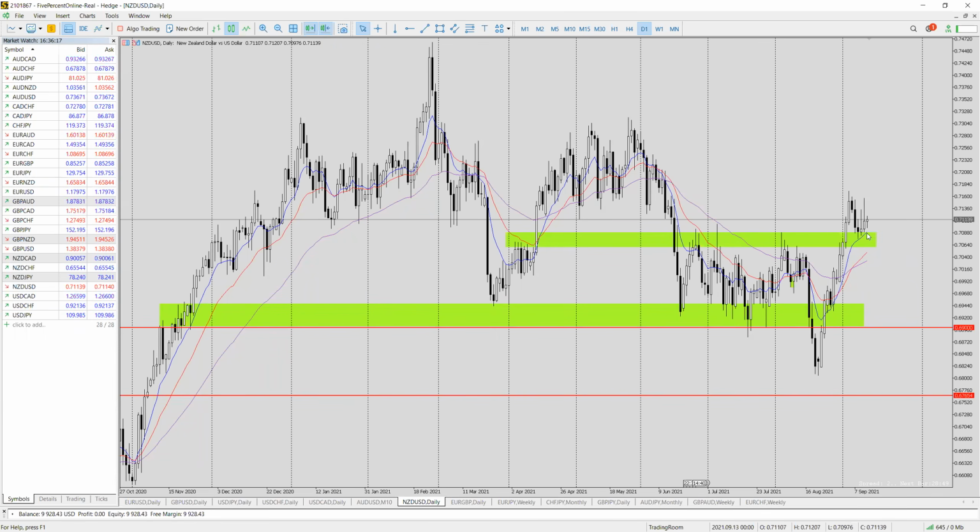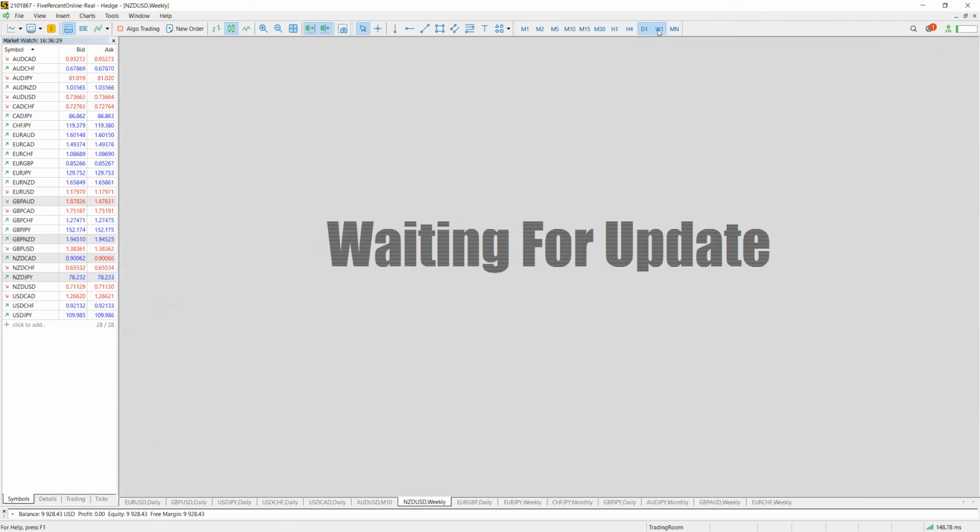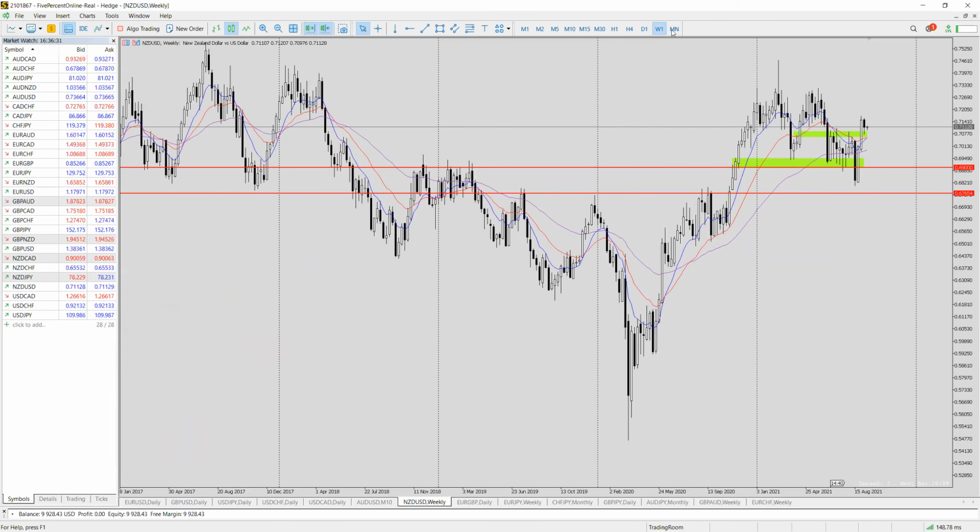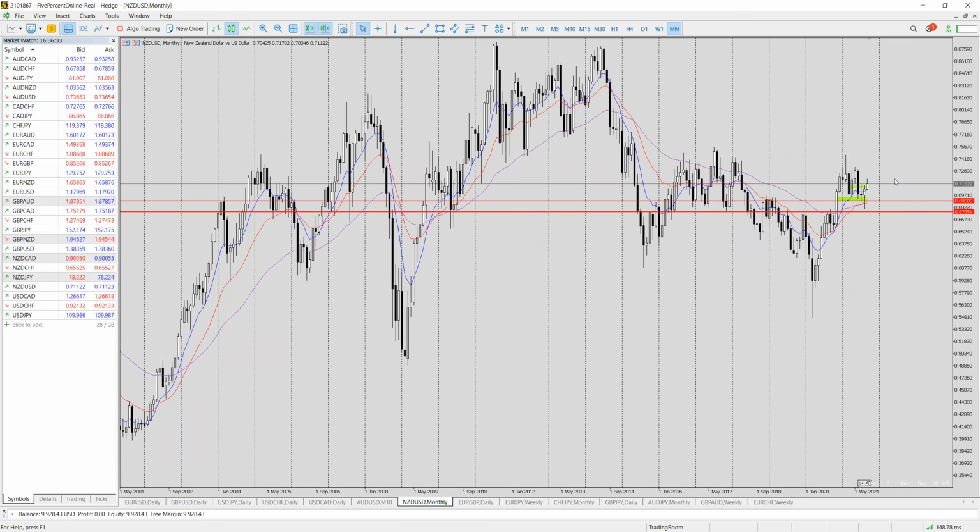You can see the 9 exponential moving average serving as dynamic support as well. So Kiwi could start moving higher, and it would be interesting to see how it performs against all other pairs, because it looks a little bit more convincing.